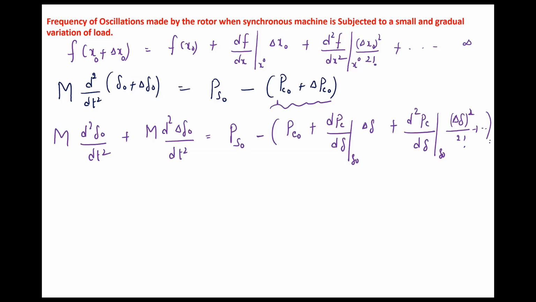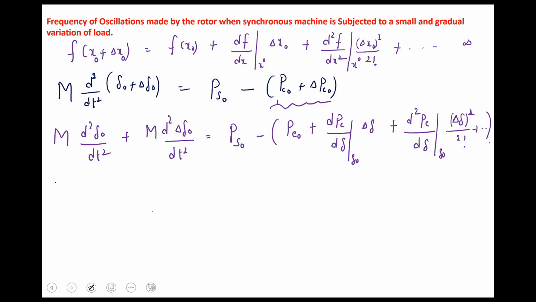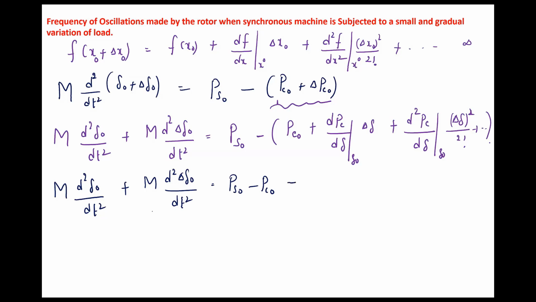Okay. Now if you expand this one, what are you going to get? m d²δ₀/dt² plus m d²Δδ/dt² is equal to Ps₀ minus Pe₀. If you only consider the first term and neglect all higher order terms, you get dPe/dδ at δ₀ into small Δδ.